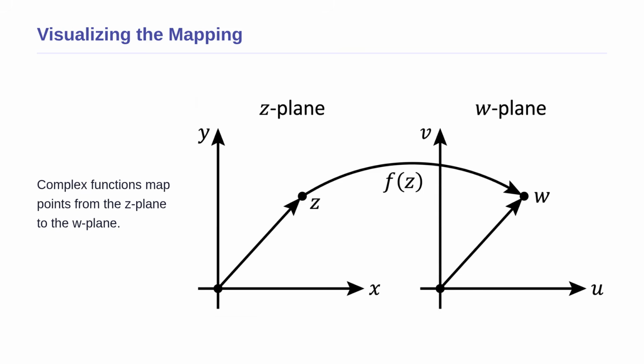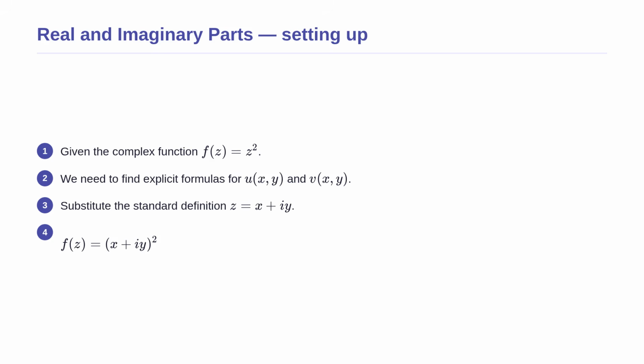The curved arrow shows the function picking up a point from the first plane and dropping it into a new location on the second plane. This visual approach is crucial because a four-dimensional graph would be required to plot this normally, which is impossible for humans to visualize.